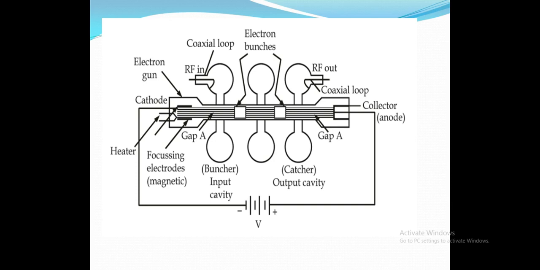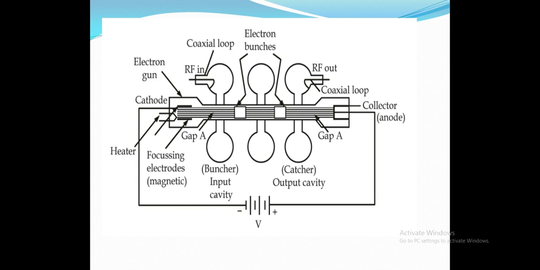At the end there is an anode, which is kept at a positive potential with respect to the cathode and is used to attract the electrons emitted from the cathode. So the function of the anode is to attract the electrons emitted from the cathode.